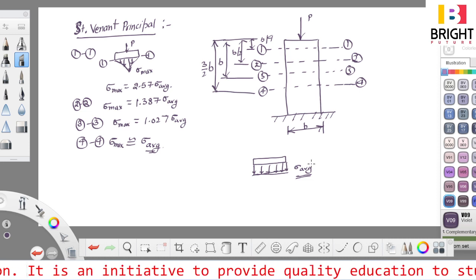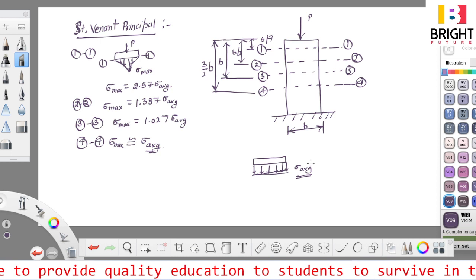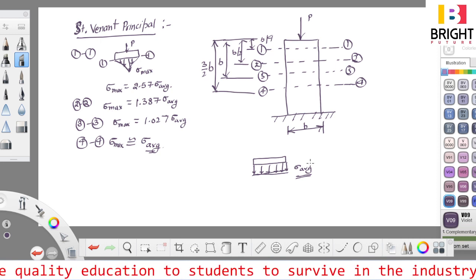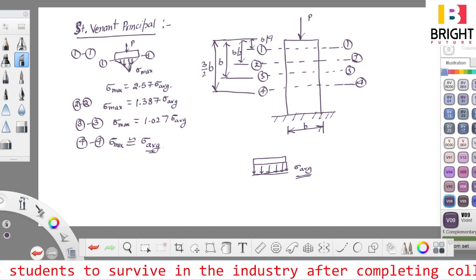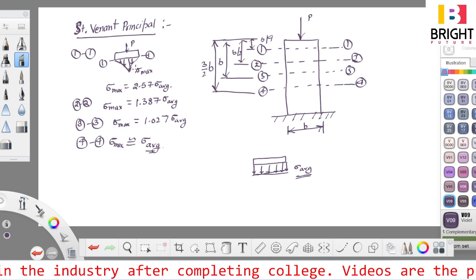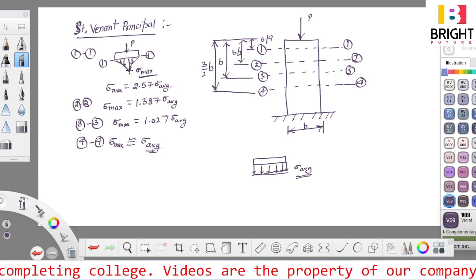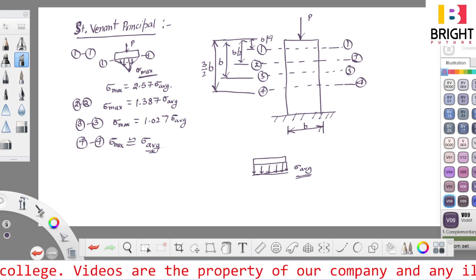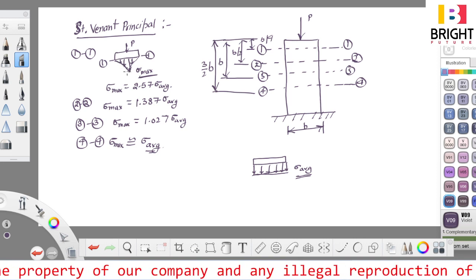Saint Venant gave us the principle of how much more the stress is at the section near the loading point. So at section 1-1, we can see that the loading is something like this. Sigma is not sigma average, it is sigma maximum at this point and almost 0 at end points. So the maximum stress induced is more than the average stress.